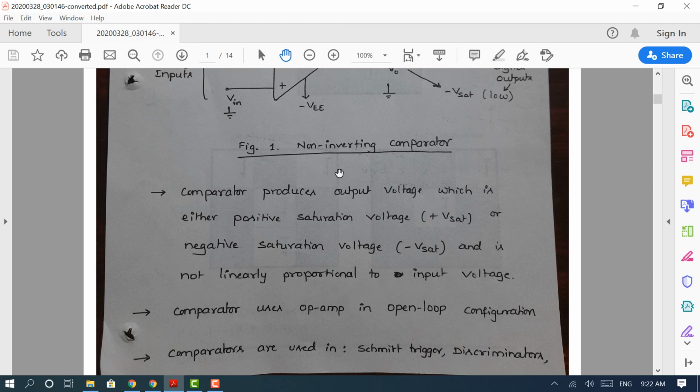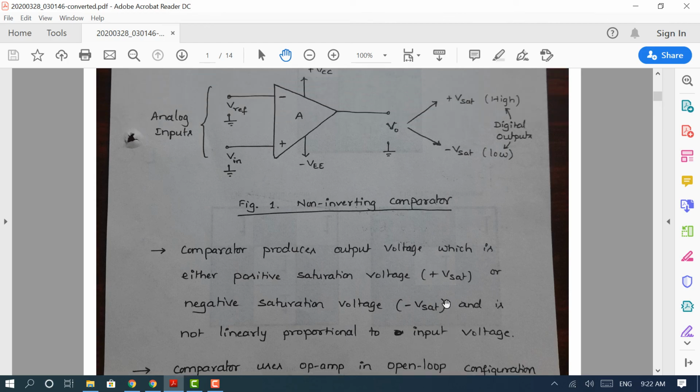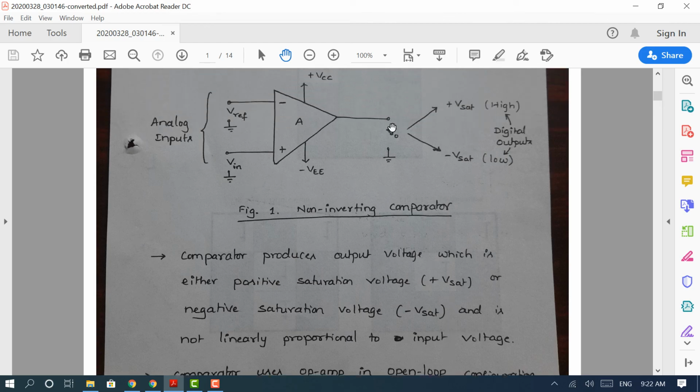The comparator is one application of an op-amp in open loop mode. Op-amps can be operated in open loop mode and closed loop mode. Open loop means there is no resistance connected from the output back to the input, so there is no feedback.